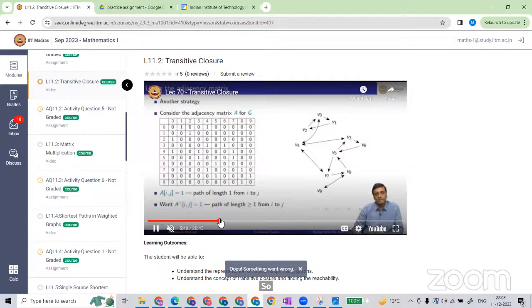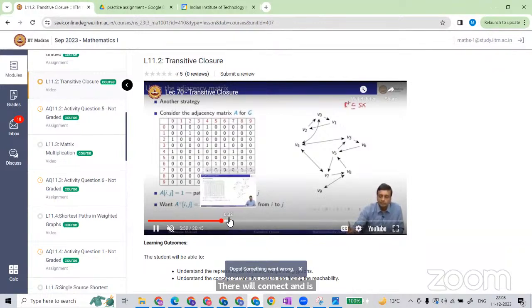So if there is a path, then we'll connect. There is a path of length 2. So I'm correct, there is no error in what I'm doing. If there is a path, then we'll connect it. We'll add an edge which will connect the two vertices. Right.